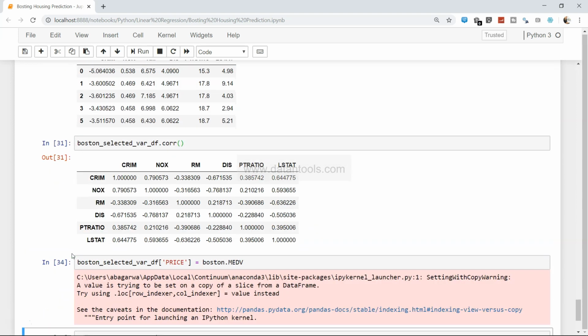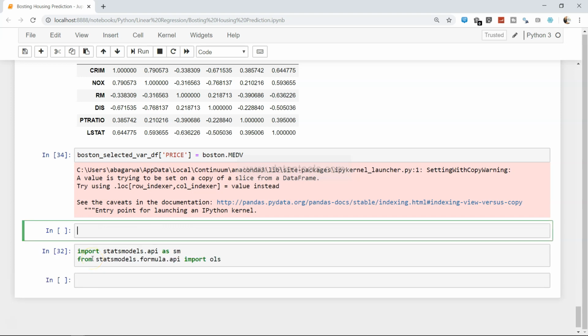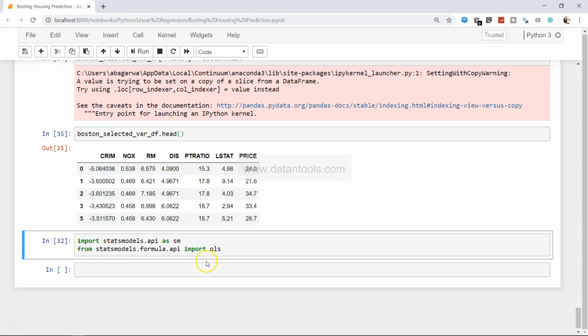So if I just go ahead and execute this and just say Boston underscore selected df head, now I have the price as well.